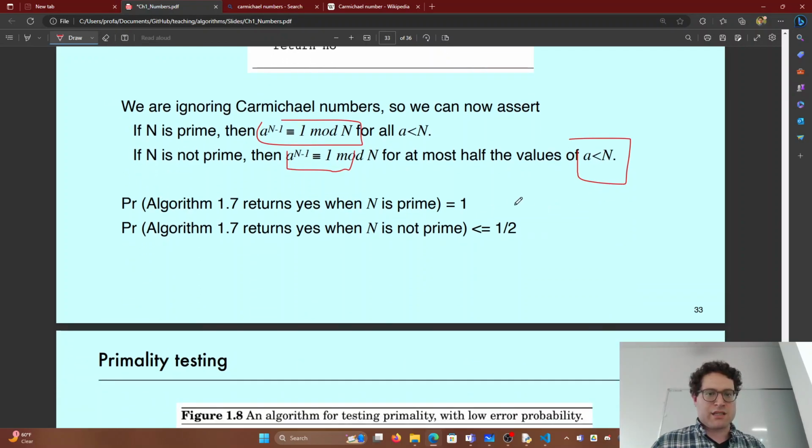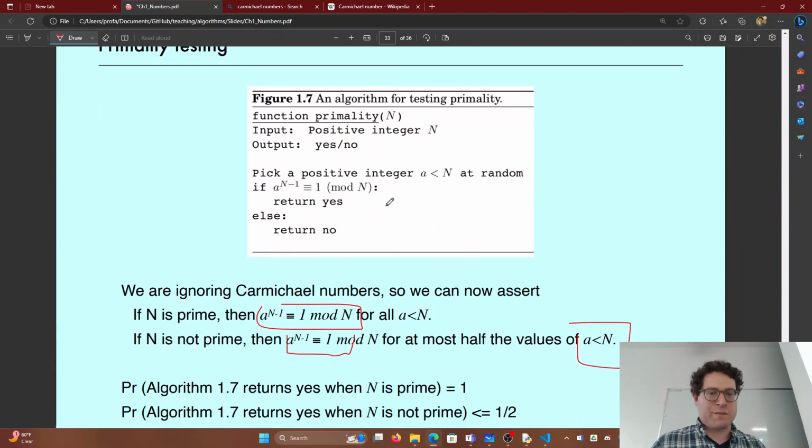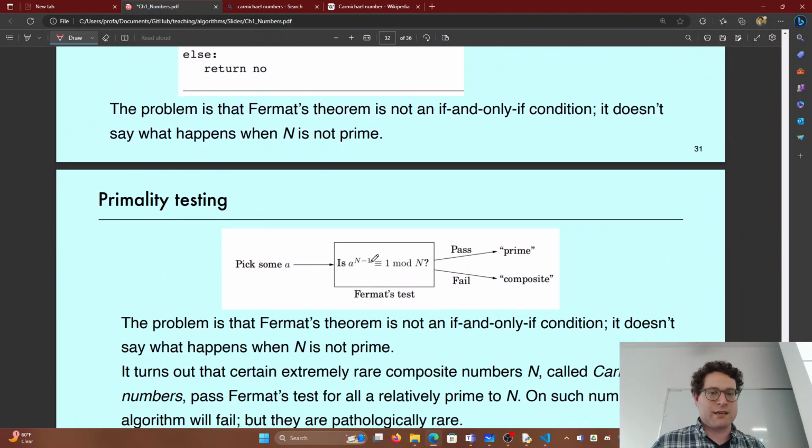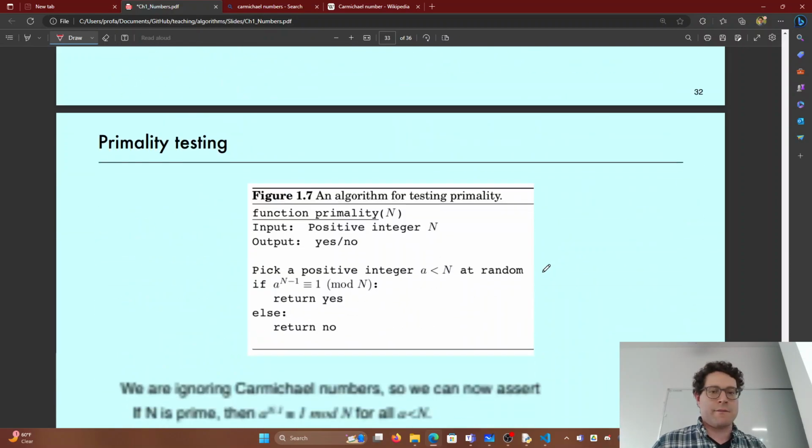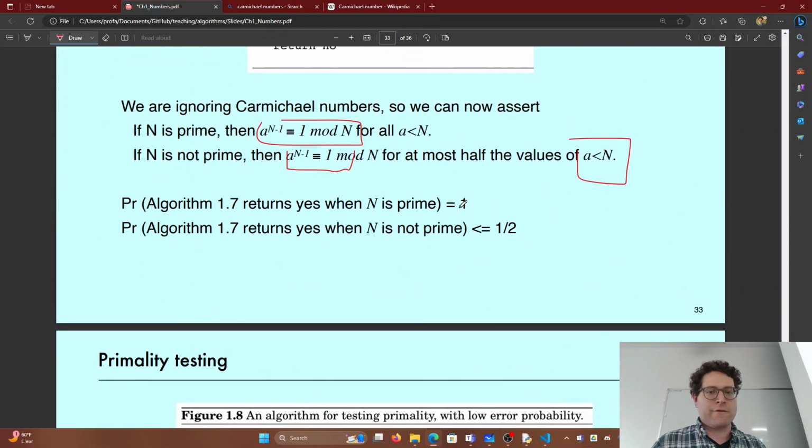So in other words, for this basic test that we're doing, pick some a, toss it into here. If n is prime, it's going to give us a correct answer. But if it's not prime, it's going to give us a false positive like half the time, at worst case.